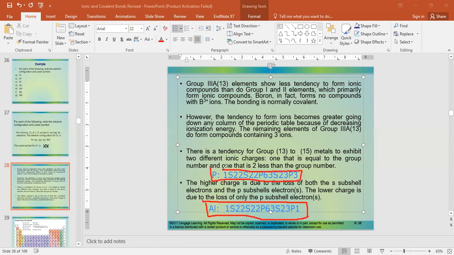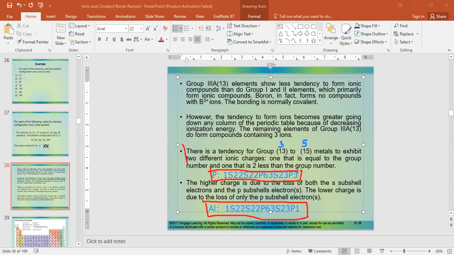What I am explaining is that there is a tendency for these groups to exhibit two different ionic charges, one that is equal to the group number and one that is less than the group number. So we may call these group 3 and group 5.